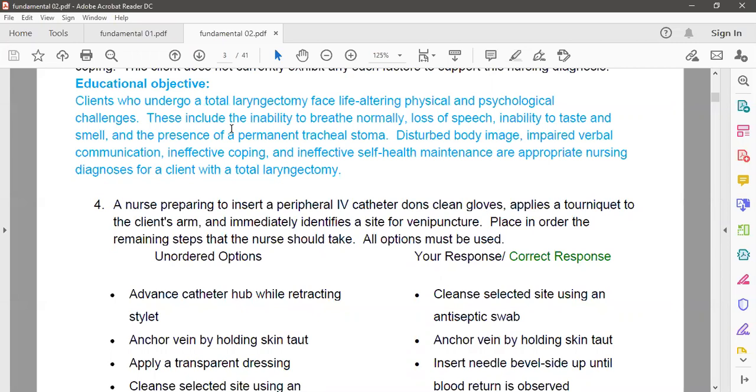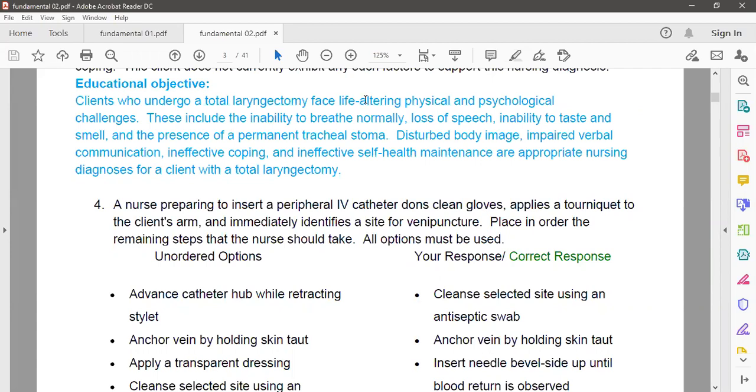right? So this includes the inability to breathe normally. It is actually talking about the problems if a patient is diagnosed with laryngeal cancer. As I mentioned before, hoarseness of voice is the priority problem, right?